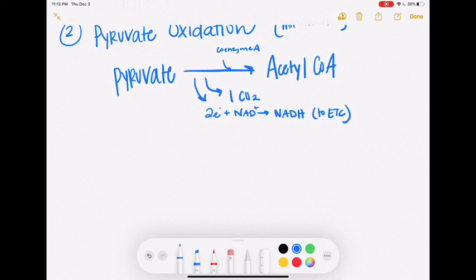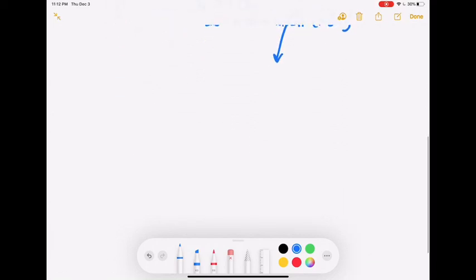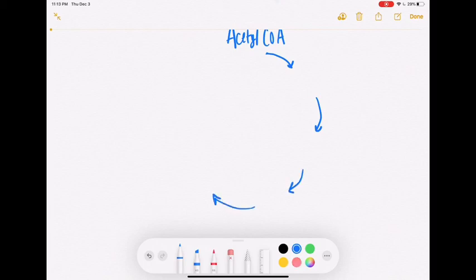Okay? And then this acetyl-CoA, scroll down here a little bit, enters the Krebs or the citric acid cycle.